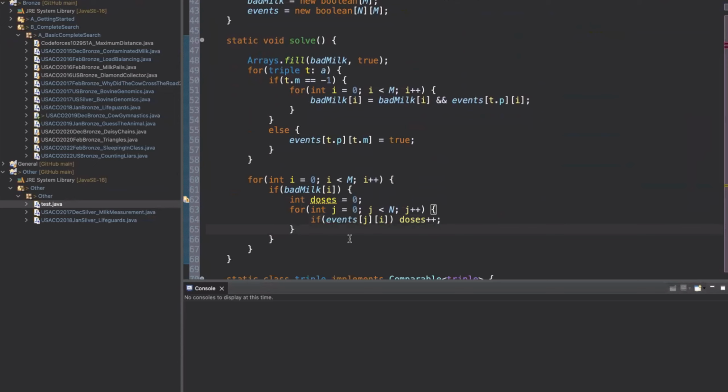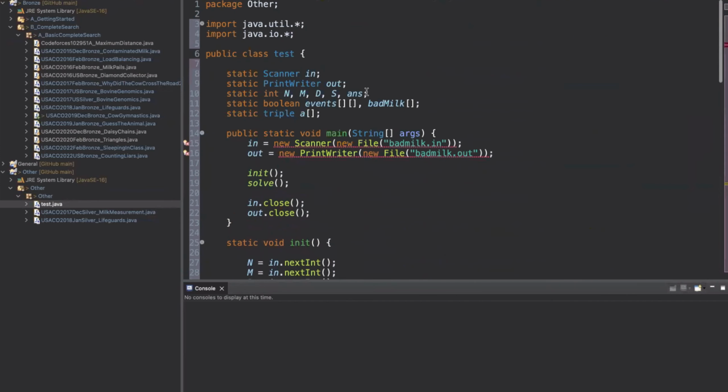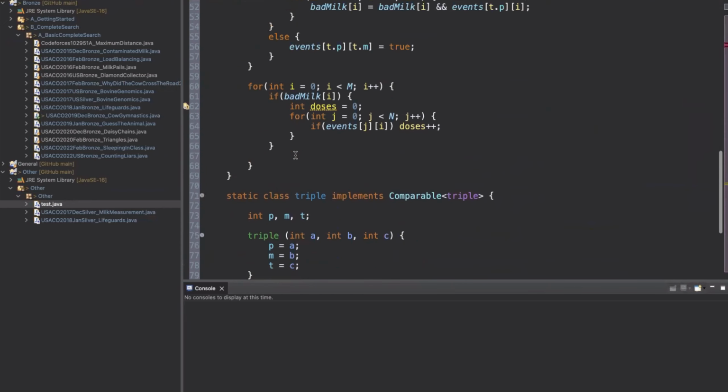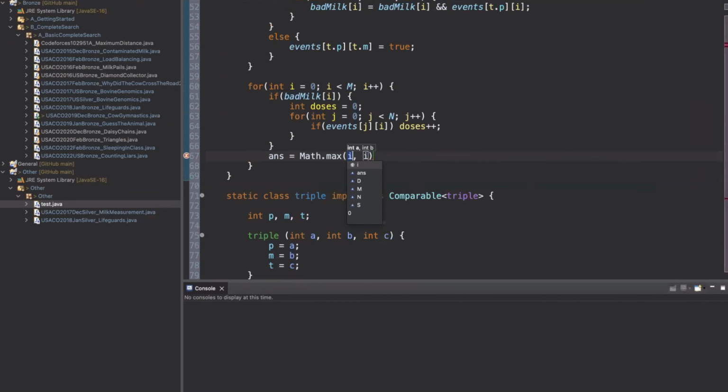And then we're going to initialize answer to 0, and then we're going to set the answer equal to whatever maximum number of doses that we just found.